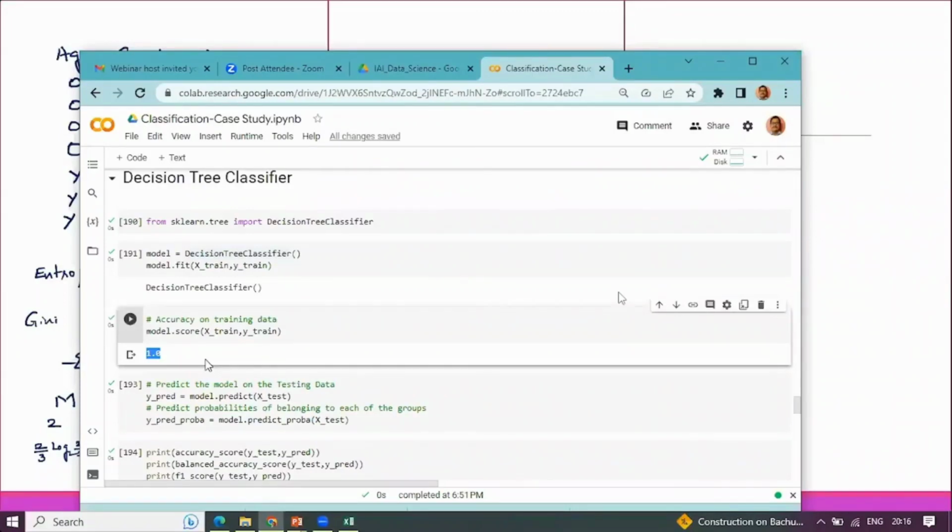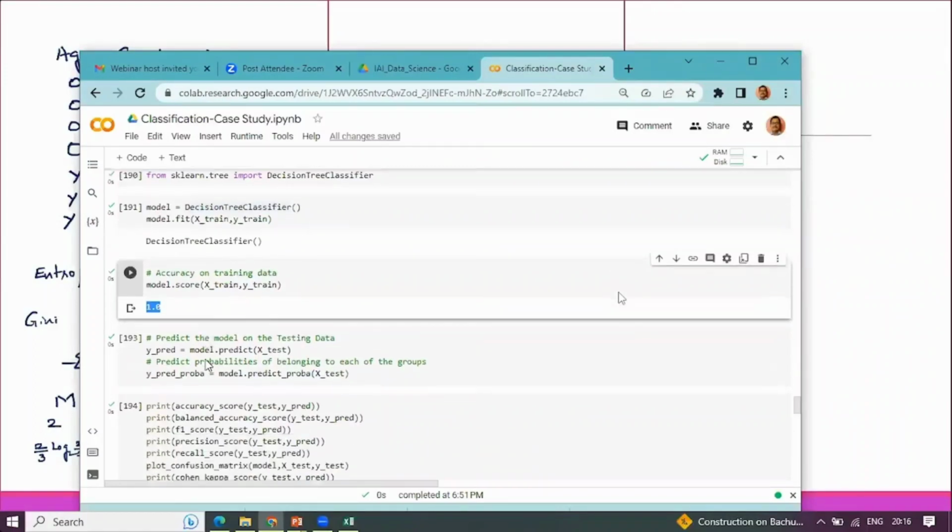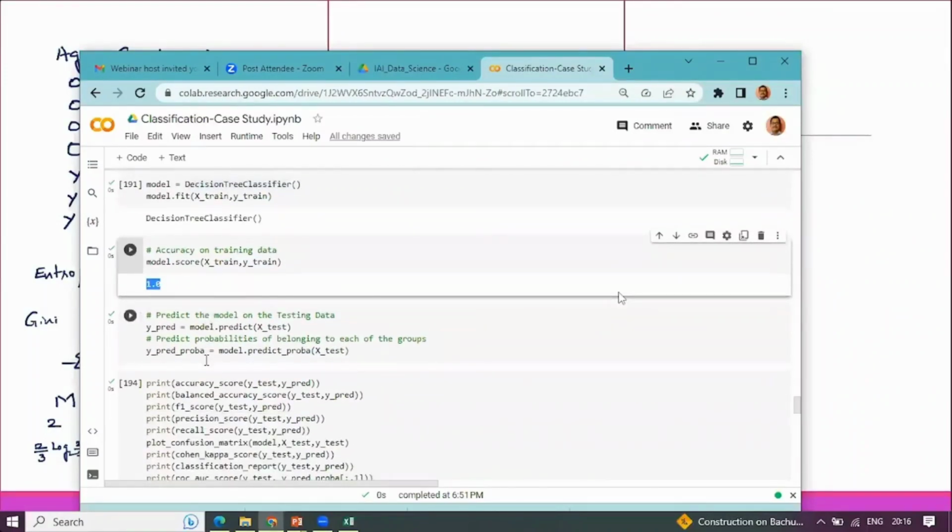Especially if you don't stop the tree after a few layers of depth, you will always find that the accuracy on the training data is 1. But when you do the same thing on the testing data, your accuracy will fall very badly. Because, as I told you, the rules are custom designed for every observation of your training data.